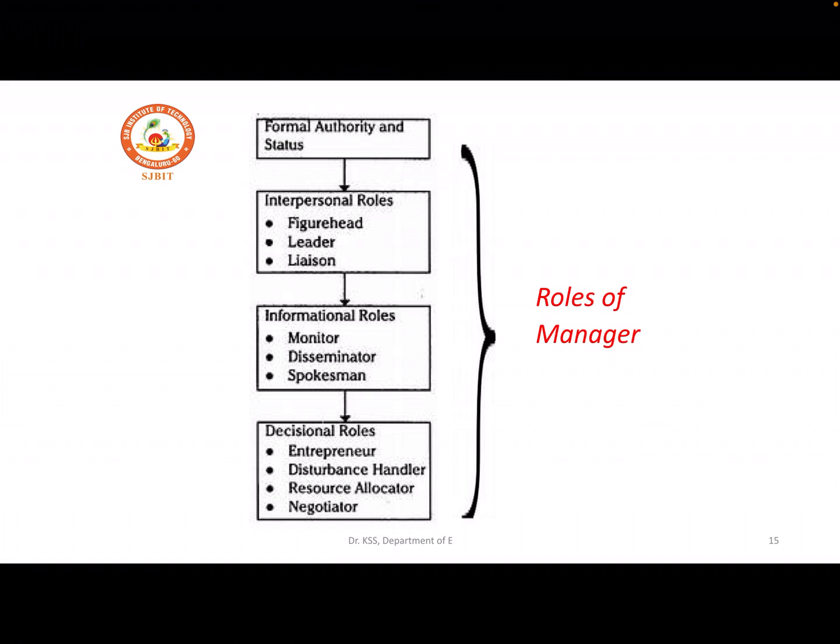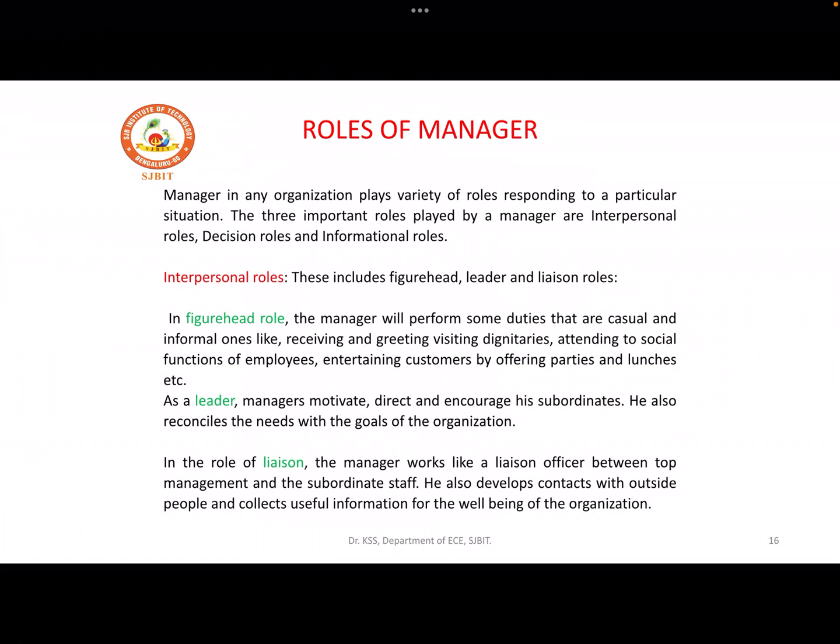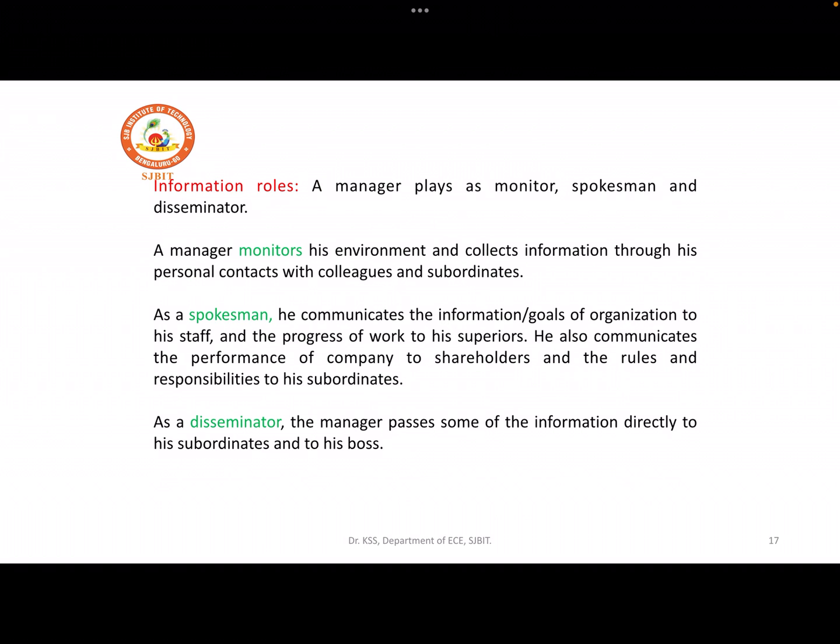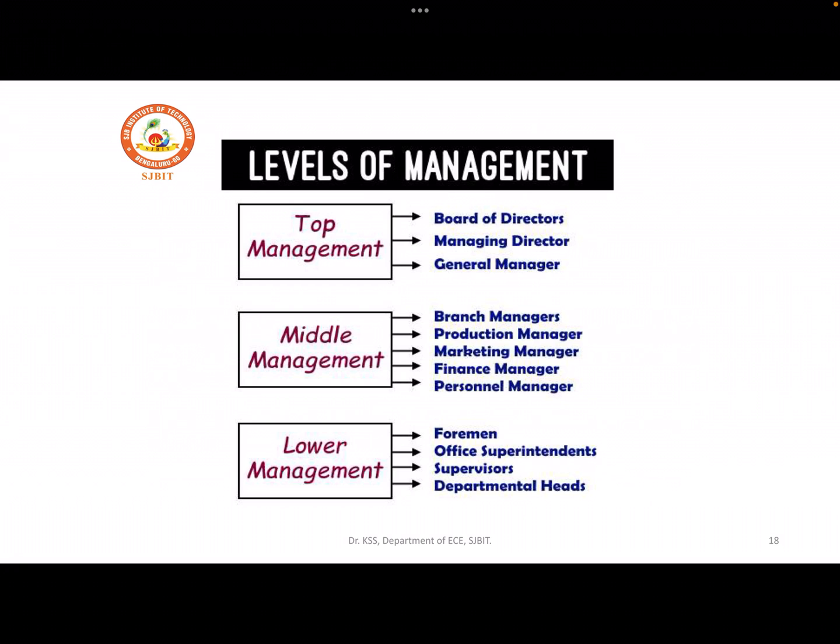Decisional roles: he will act as an entrepreneur and disturbance handler. If any disturbance occurs, he will handle it. Resource allocator: he will allocate the resources equally. Negotiator. So these are the three types of roles.